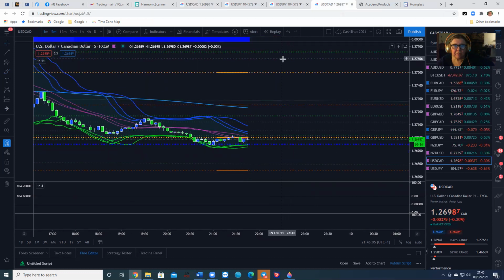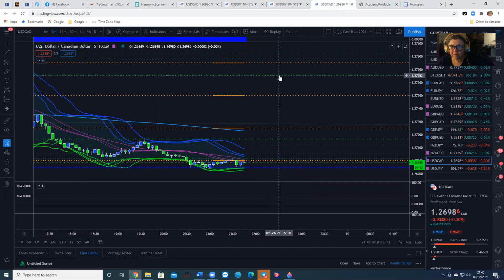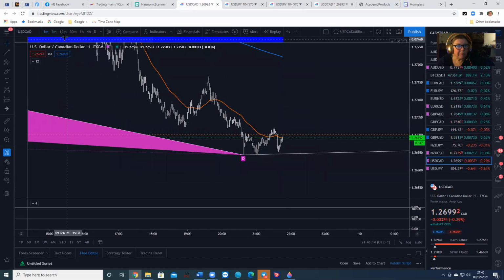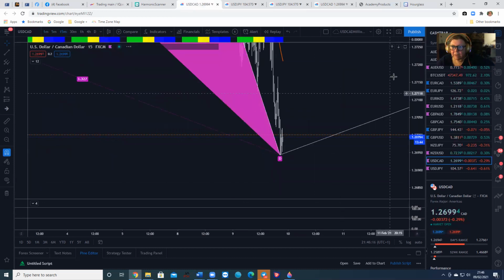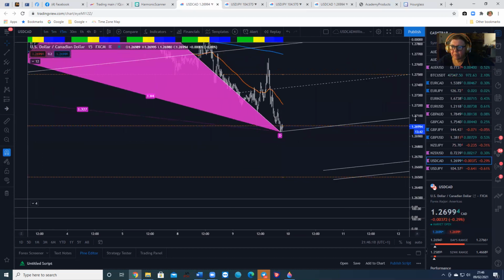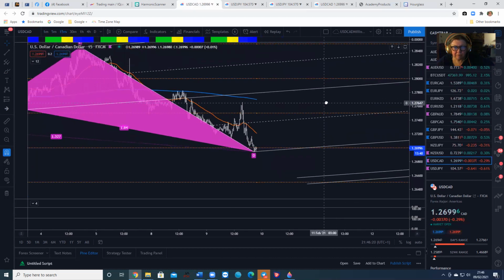This one is a strong one, it's got it highlighted, 27661. Let me put it on the 15 minute. Just have a look at where 27661 is.